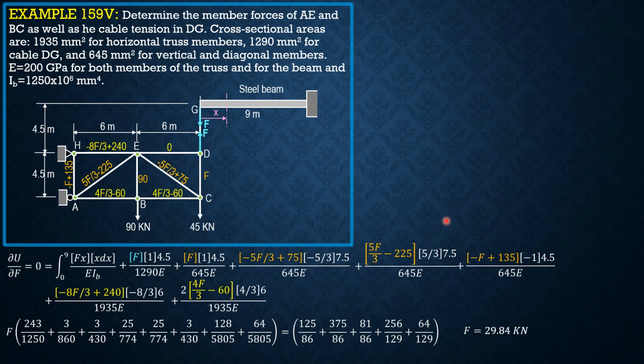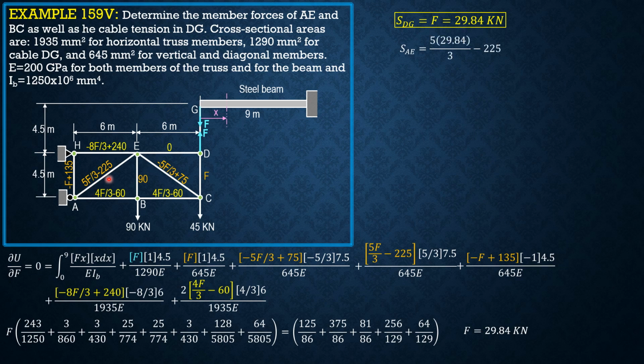F is 29.84 kilonewtons. That's the force in member DG, tension. Since we are only asked for the member forces of AE and BC, substitute. For AE, this one, 5/3 of F minus 225.